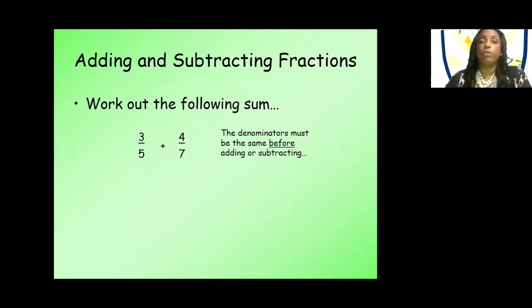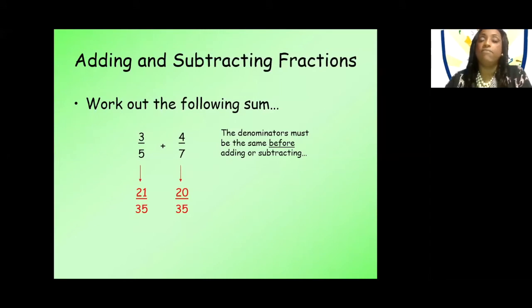Another problem for us to work on. Again, you want to look at your LCM. In this case, the denominators are different. We have 5 and 7. The LCM of 5 and 7 is 35. Good. You want to divide each part of your fractions' denominators now.